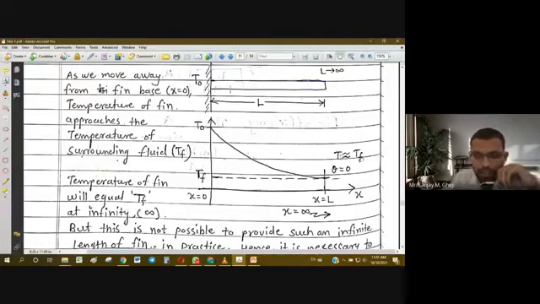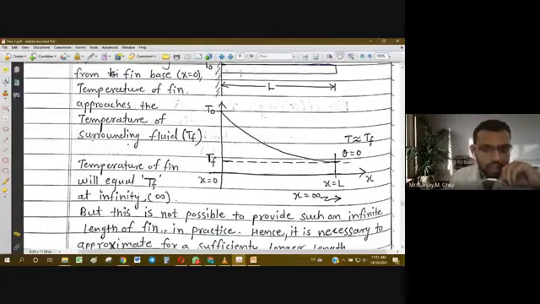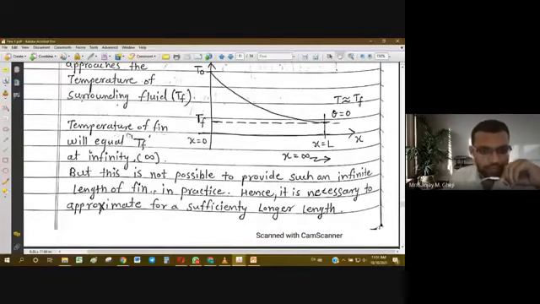T is approaching Tf, not equal to Tf, but very close to Tf. So the temperature difference will also be very close to zero, but not equal to zero. These are all limiting cases. So the temperature of the fin will equal Tf at infinitely long length.